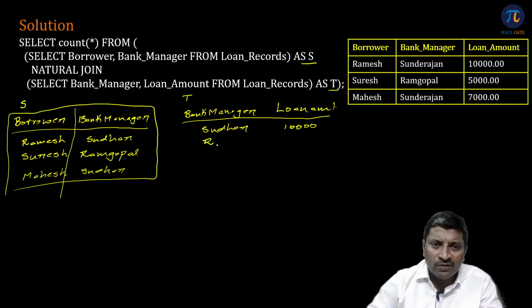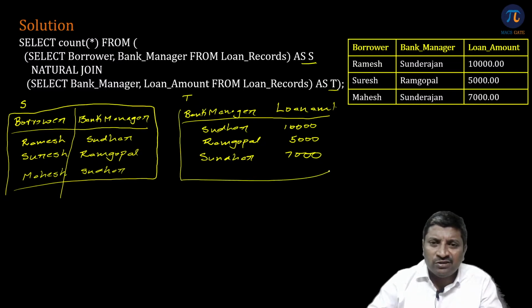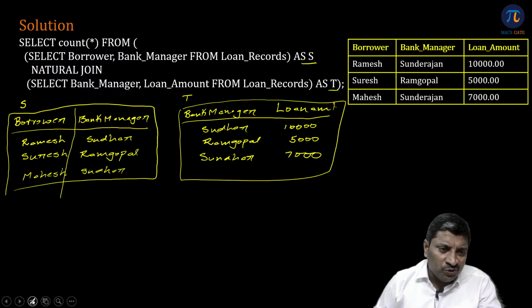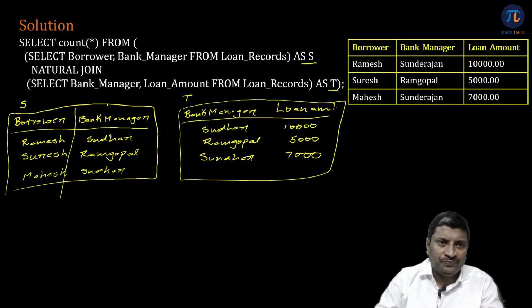Then Ram Gopal, 5,000. Then Sundar, 7,000. Up to here clear, sir. We got two records separately. For these two, we need to apply natural join.